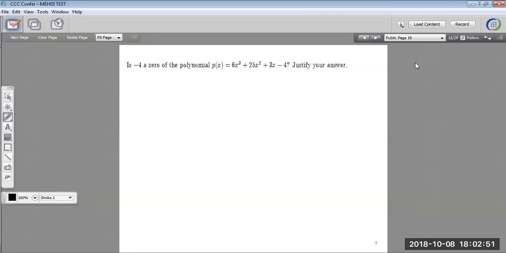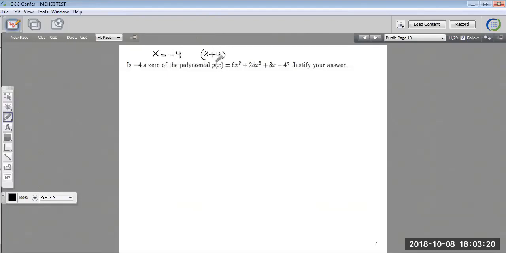Is negative 4 a 0 of this polynomial? Justify your answer. If negative 4 is a 0, it means the solution x would be equal to negative 4. When the solution is negative 4, one of the factors must be x plus 4.